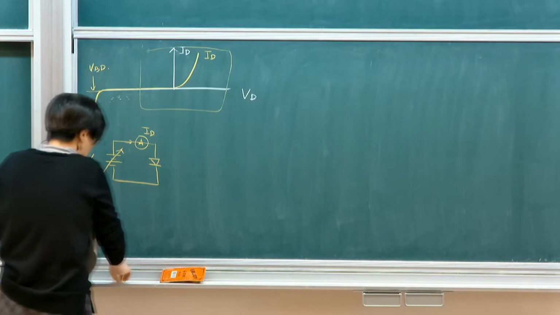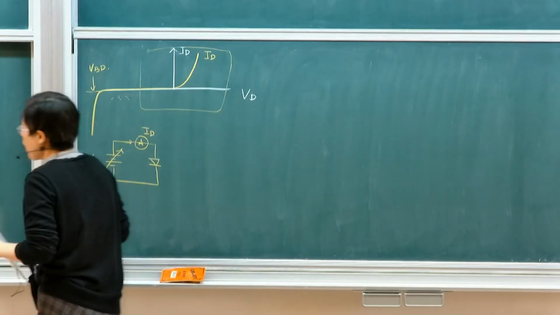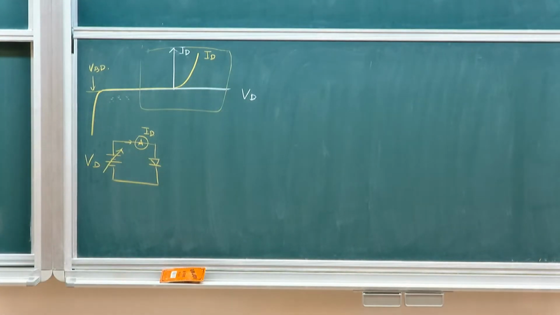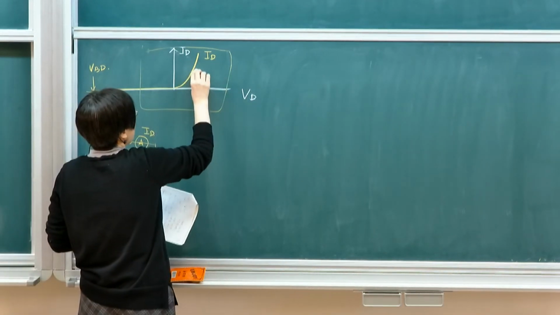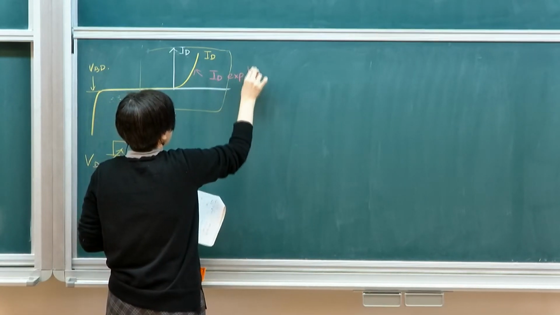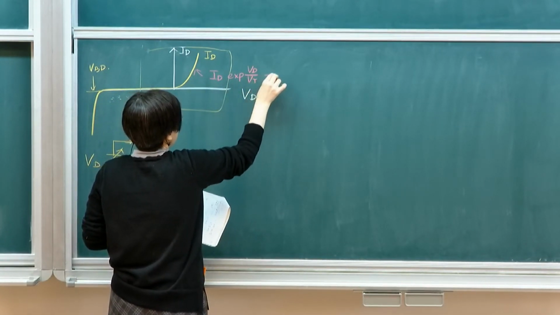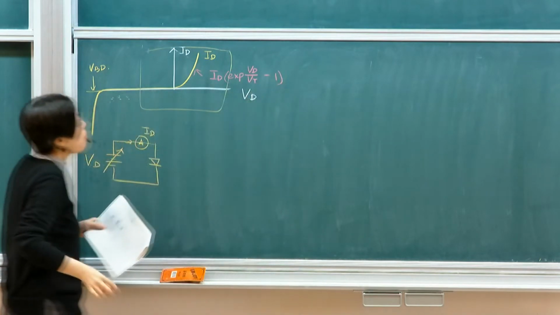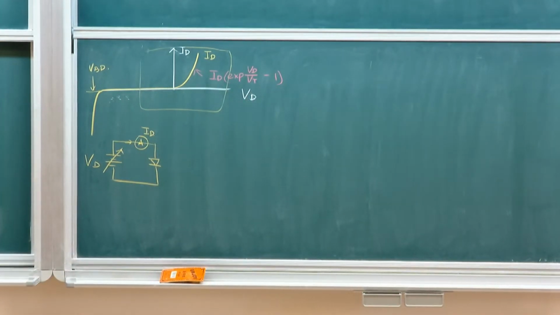The other thing is, if I'm following this equation, this part should follow ID equals exponential of VD over VT minus 1. And this equation does not only work in forward bias, it also works in reverse bias, because the law of the junction works for reverse bias as well.